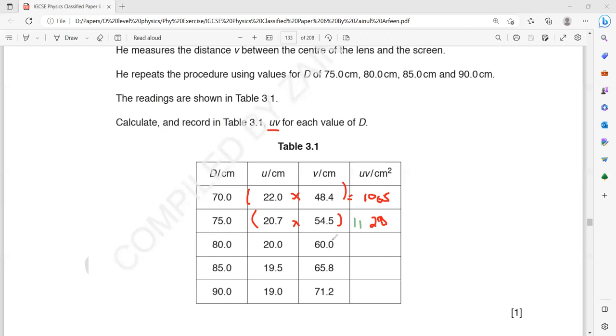Then 20 times 60 is 1200, so we don't have to round. 19.5 times 65 is 1283.1, so 1283. Then 19 times 71.2.